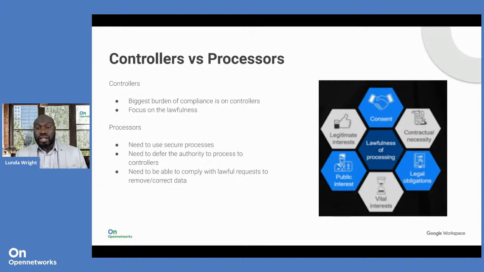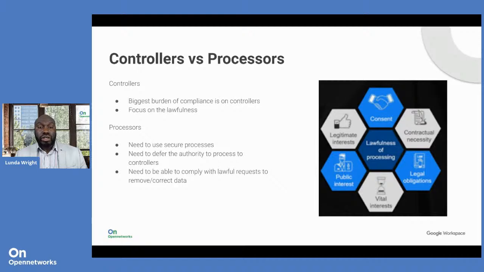So to give you an example, when you register a new Google Workspace account, the information that you provide, such as your name and the names of the people in your organization, the names that you supply to Google and to Open Networks means that we are the controllers of that information.